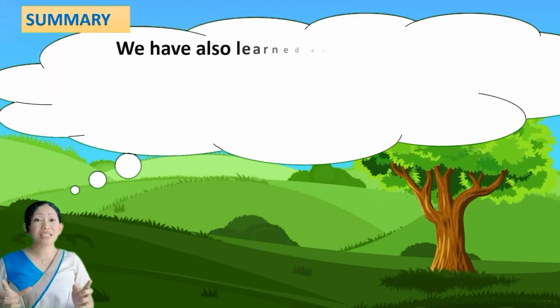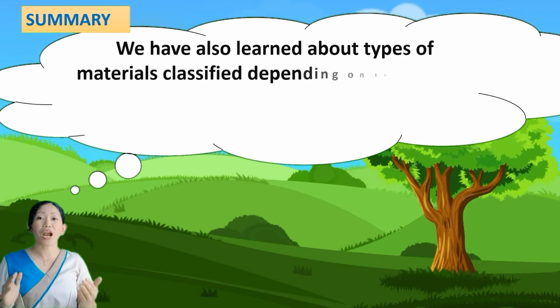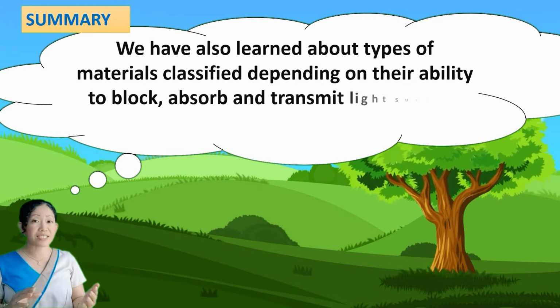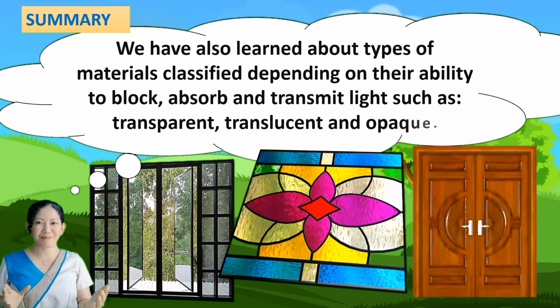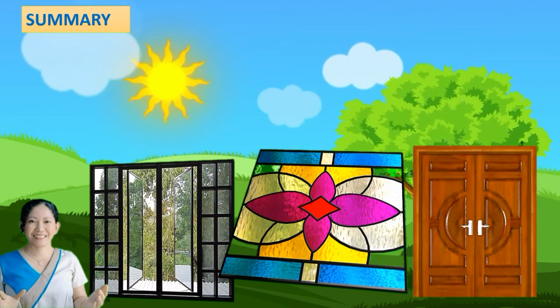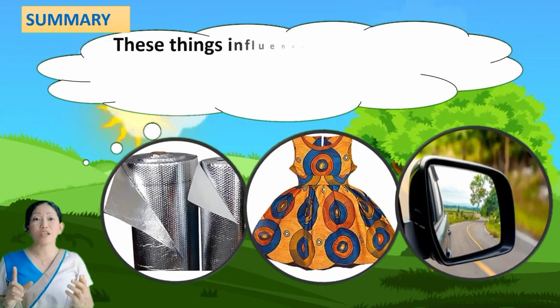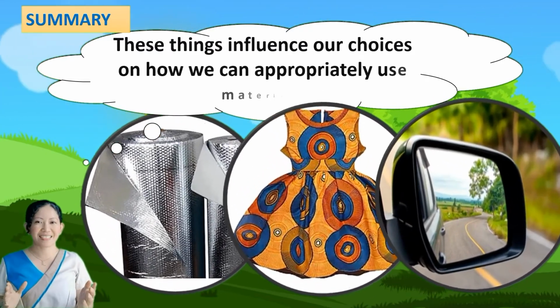We have also learned about types of materials classified depending on their ability to block, absorb, and transmit light, such as transparent, translucent, and opaque. These things influence our choices on how we can appropriately use materials.